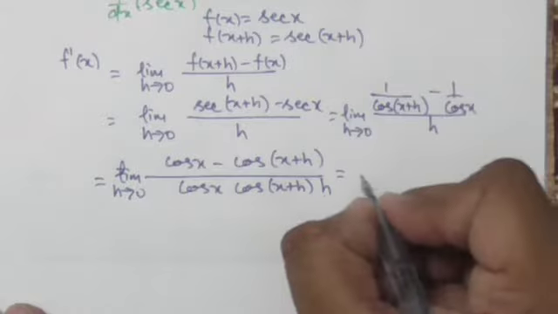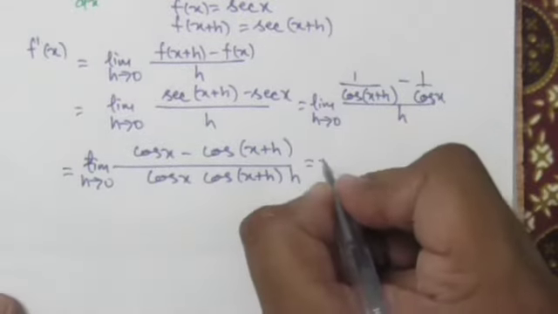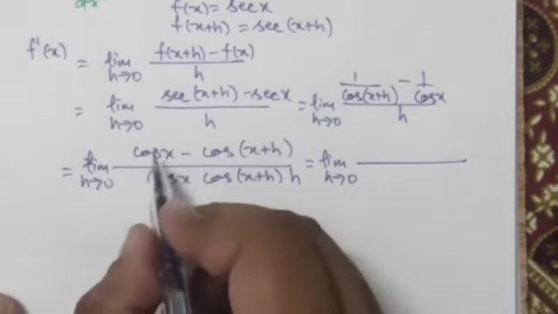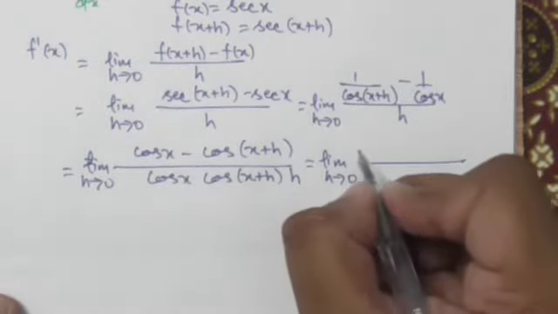So it will be equal to limit h tends to 0. So cos A minus cos B, what is it?